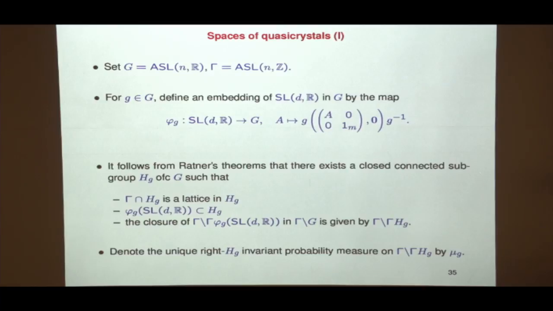Think of looking at an orbit of a dynamical system, and you understand that it actually fills out a nice submanifold in your big space. That's exactly what this means.